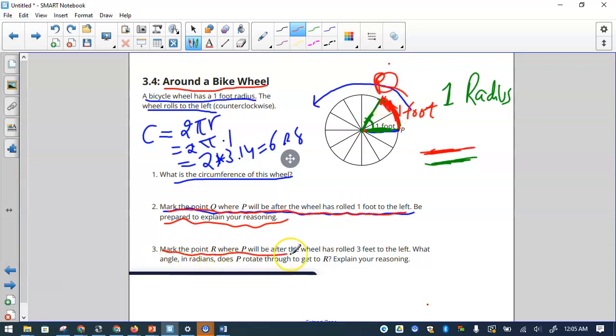Mark R where P will be after the wheel has rolled 3 feet to the left. Oh, I already showed this to you earlier. So another point will be somewhere here, and then another one somewhere here.